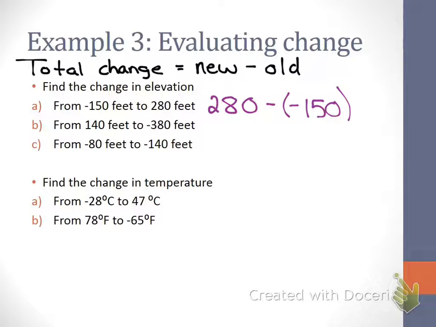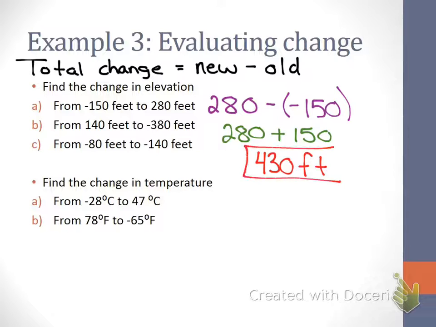Double negative changes to a positive. So now it's 280 plus 150. And what's my answer? 430 feet. Okay, the formula, guys, already has a subtraction sign. So if our original amount is negative, it makes it a double negative.